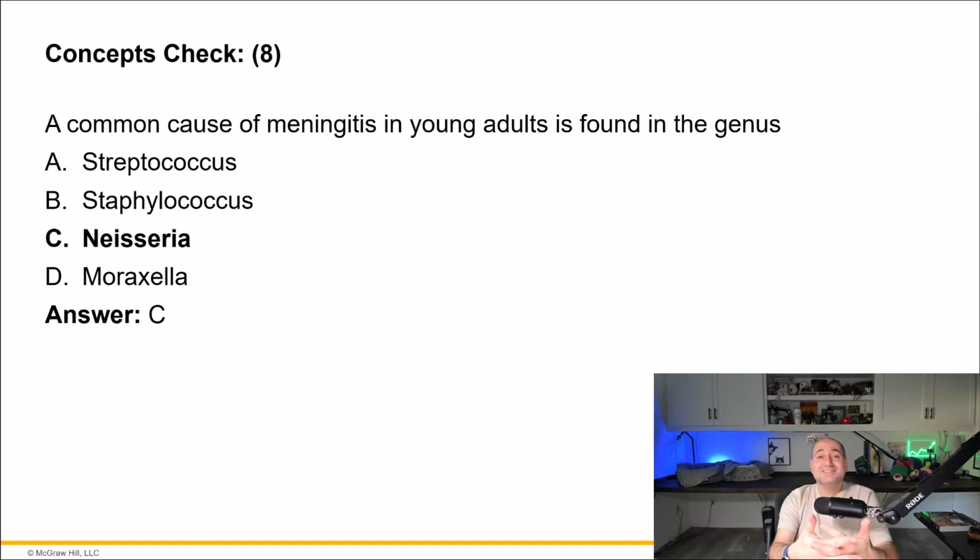Though some diseases do have a sole cause. So do you remember we talked about gonorrhea? We talked about Neisseria gonorrhoeae. Well, that is the only and sole cause of gonorrhea. So what I'm trying to get across to you is that some diseases are caused by a host of different germs or pathogens, while other diseases have one specific cause.